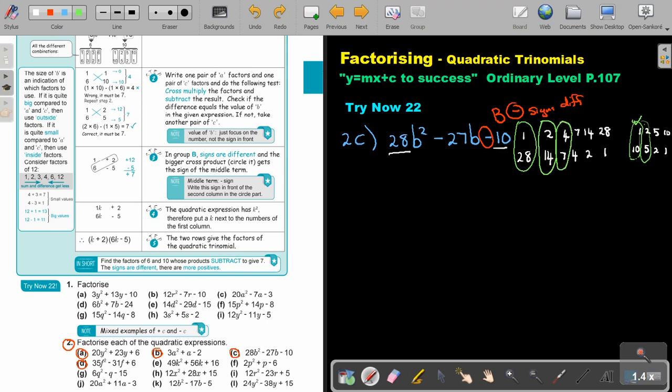Okay, this one is going to be 40 minus 7. No, too big. This one is going to be 20 minus 2 times 14. No, it's also not going to work. Let's try this one.